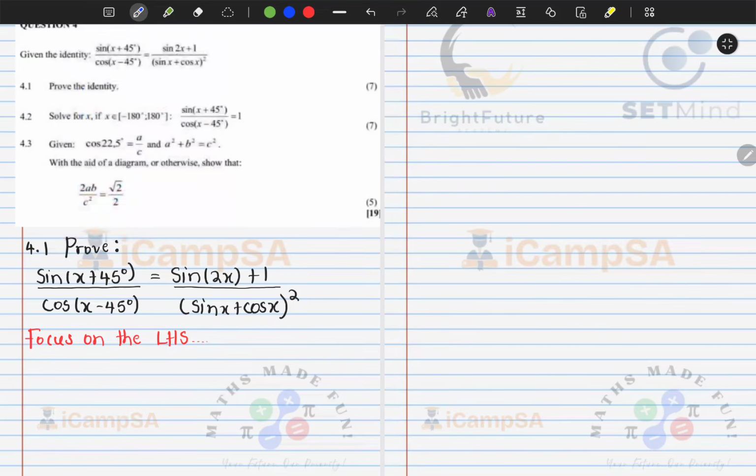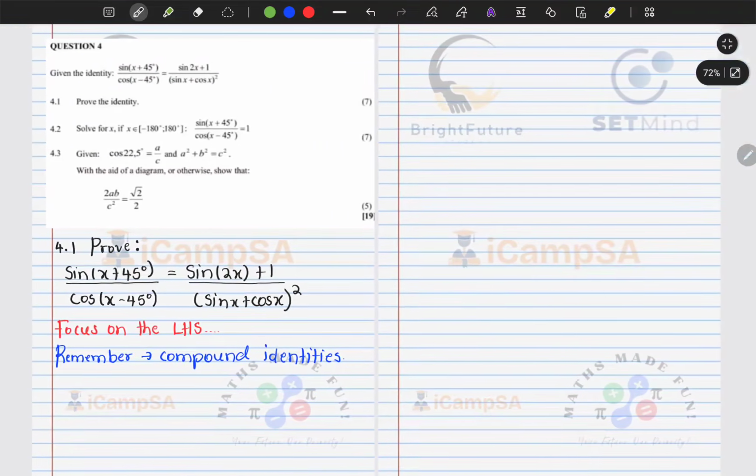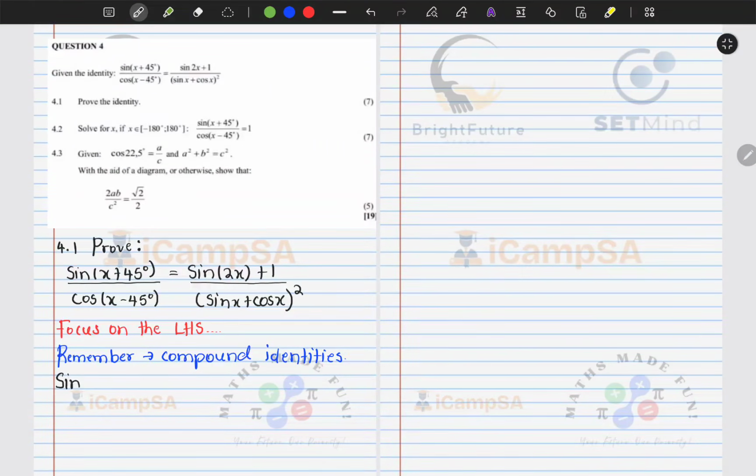On the left hand side, we obviously need our compound identities. It's very important that you do remember these. Just a quick reminder: if you have sine of a plus b, this becomes sine of a cos of b plus sine of b cos of a.